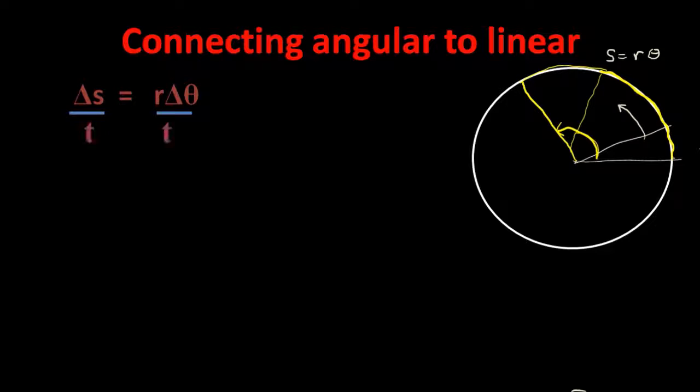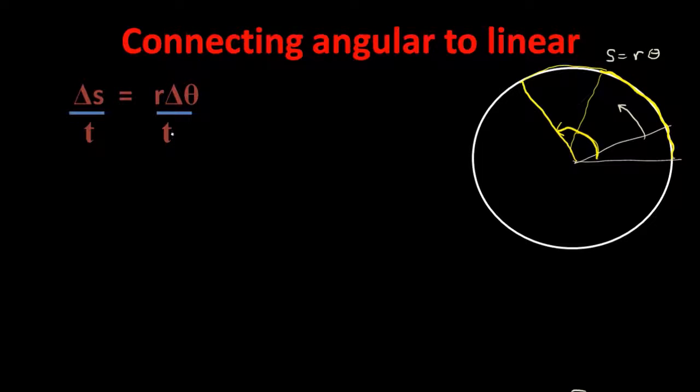Therefore, we can divide both sides by that time, and we'll in fact be dividing both sides by the same number. But I want you to notice what we have here. On the left side, we have something that would be measured in meters or inches or some unit of length, distance. And we have down here a unit of time. So let's say it's meters per second. That's a speed. But over here, let's factor out the r.